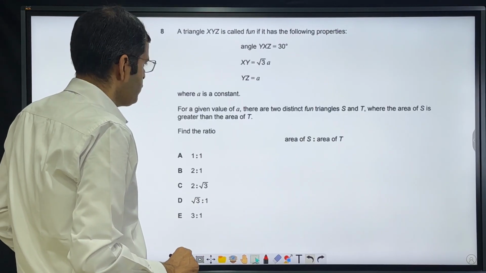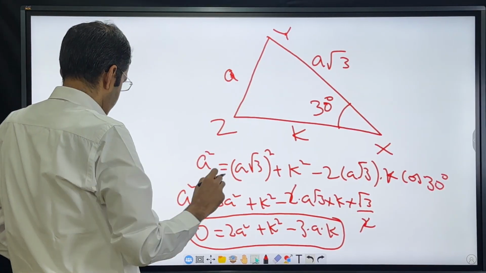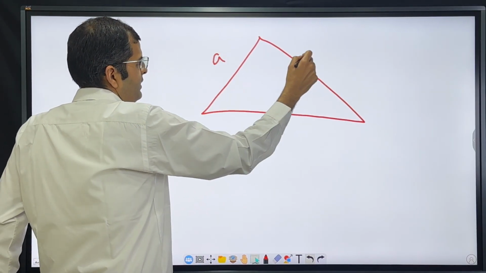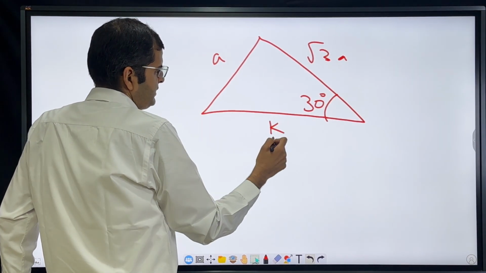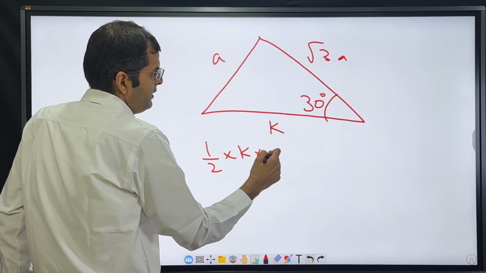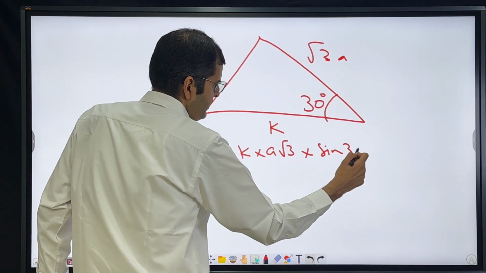Now I have to find the ratio of the areas. So first of all, if I have this triangle here, there is A root 3, this is 30 degrees and this is K. What is the area of this triangle? That is half into K into A root 3 into sine of 30 degrees.